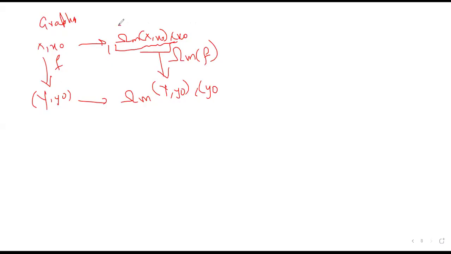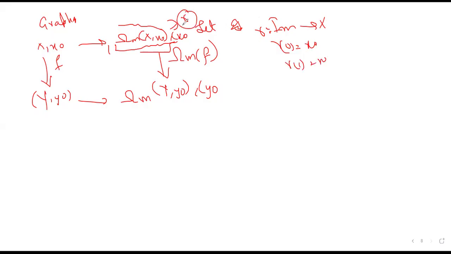Okay, so we can see this is a graph whose vertices are morphisms from x naught to x naught. Sorry, let's say gamma is a morphism belonging to this graph. Meaning gamma is a morphism from I_n to x such that gamma of 0 is equal to x naught and gamma of 1 is also equal to x naught. So gamma is a morphism from x naught to x naught.